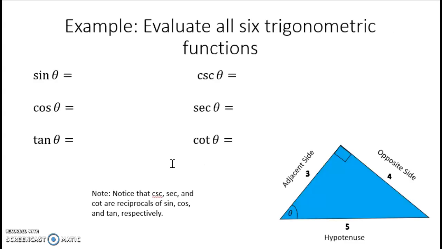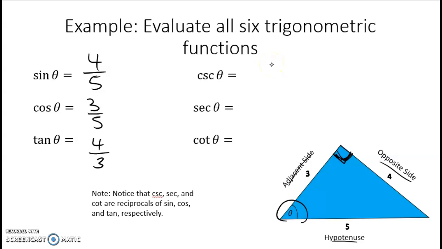Okay, so if we look at this triangle right here, we're going to try to find all 6 of our trig functions. Here's our theta, there's our opposite side, there's our adjacent side, and here's our right angle, so here's our hypotenuse opposite from that. Sine will be 4 over 5, cosine will be 3 over 5, and tangent will be 4 over 3.